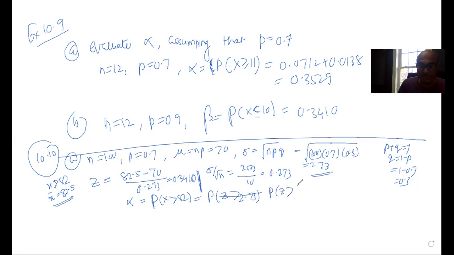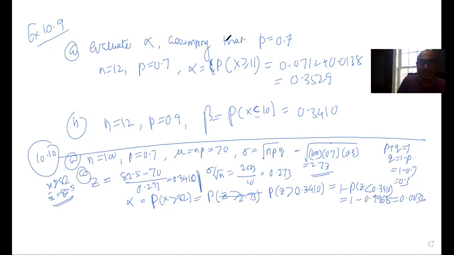I'm sorry, the z score is 3.410, right? The probability that the z score is greater than that is equal to 1 minus the probability of Z less than it. You're going to get 1 minus 0.9968, and that is equal to 0.0032. So that is your A part.